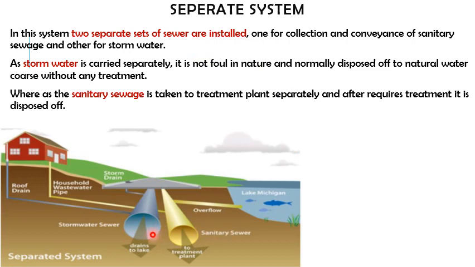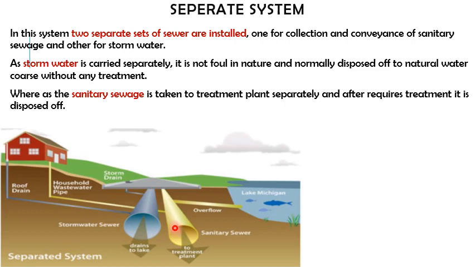You have to provide two pipelines, one for the sewage and one for the storm water. But what are the merits and demerits? It is self-explanatory. You can avoid the fresh water, that is the rainwater or storm water, being added into the sewage. You can avoid combining the rainwater into the sewer line.